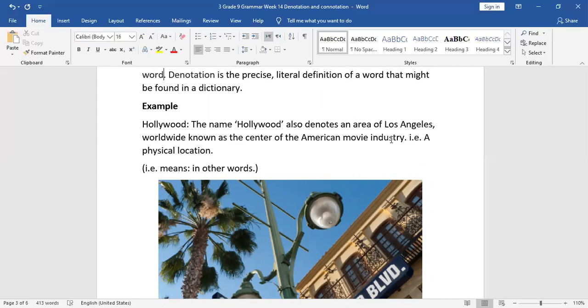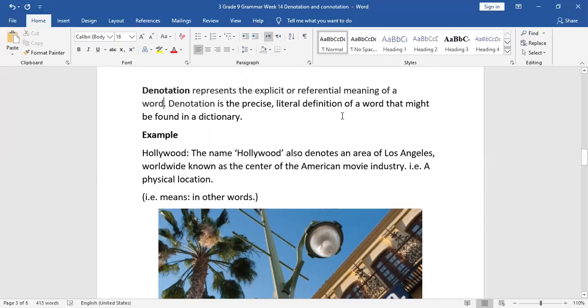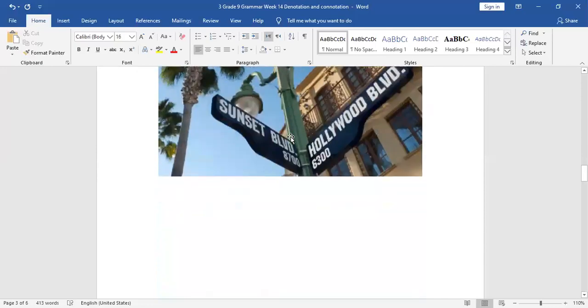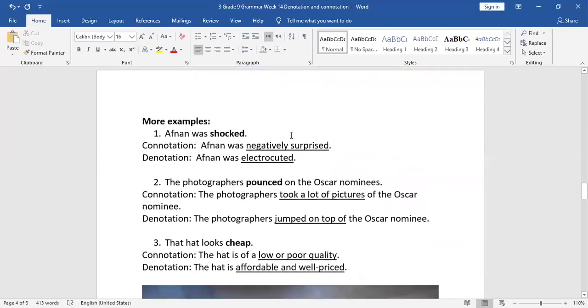Connotation is the words or the meanings or the emotions that are associated with the word, whereas denotation is the literal definition, the literal meaning of the word. Here it says denotation is the precise literal definition of a word that might be found in a dictionary. So let's look at some examples down here.